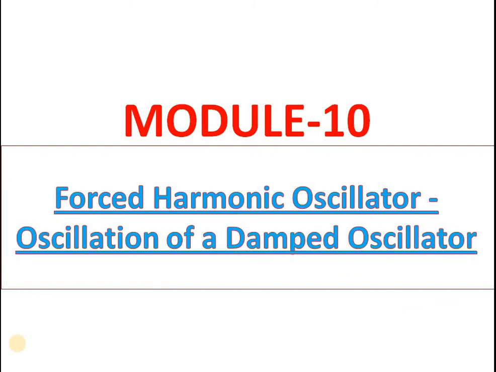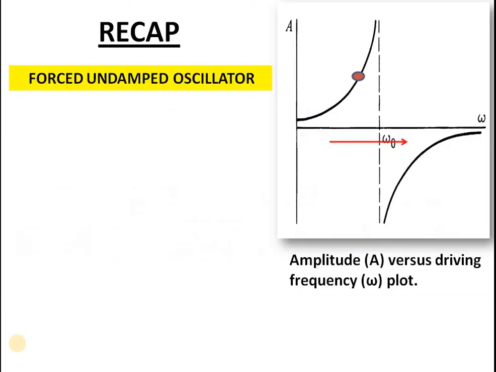And we got the response curve, the relation between the applied frequency and the natural frequency of the oscillator. We also got the expression for the displacement, and we also got the differential equation of the forced oscillator.